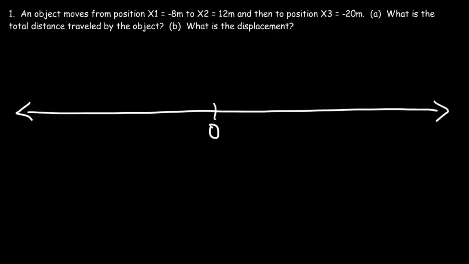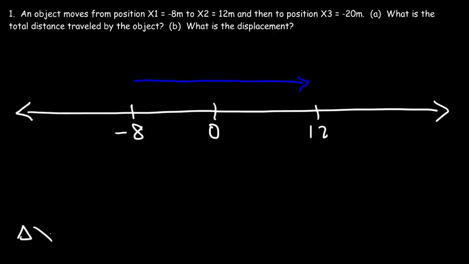So we're going to start at -8. And then the object travels from a position of -8 to 12. So how far did the object travel at this time? Let's find the displacement just for the first part of the trip.